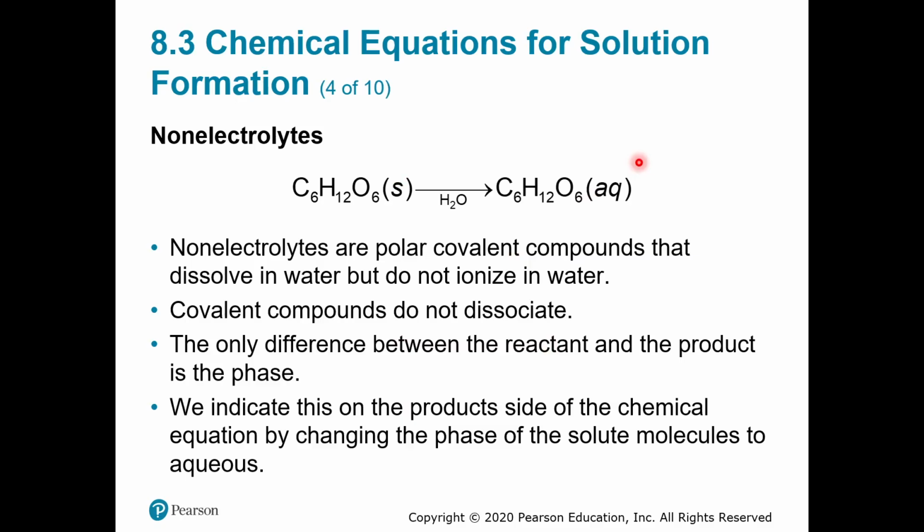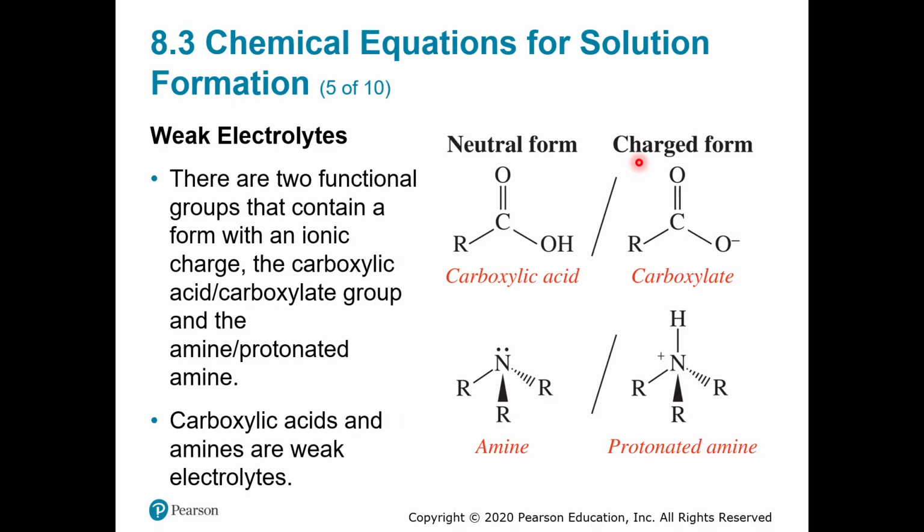Let's go ahead and look at weak electrolytes now. So these are actually the two functional groups we talked about a few times now, which is carboxylic acid and the amine. Okay, these are very common to see in things that are weak electrolytes. They're very common to see whenever you're talking about acids and bases as well.